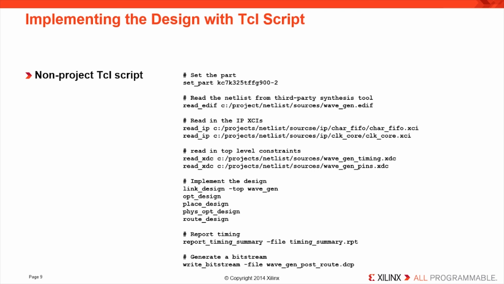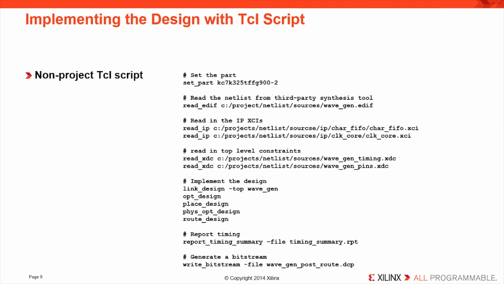Now implementation can be performed. Implementation consists of multiple commands. The first of these is the opt_design command, which performs logical optimization on the netlist. Next, you will place the design using the place_design command. After placement, you can perform physical synthesis using the phys_opt_design command.